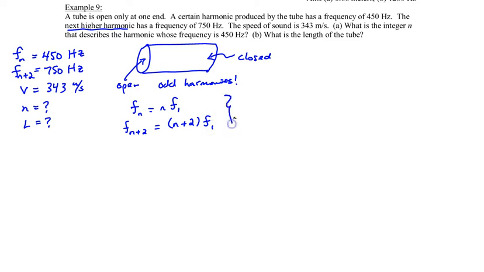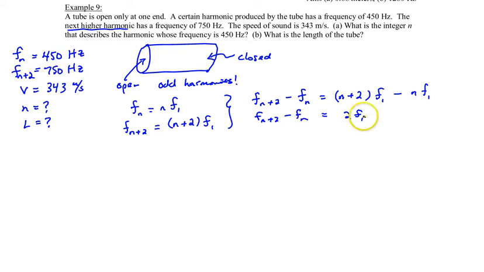So if you subtract these two, what do you get? You get n plus 2 in brackets times f sub 1 minus n times f sub 1. And if you work this through, you end up with twice the fundamental. So the difference between these two harmonics is equal to twice the fundamental frequency.